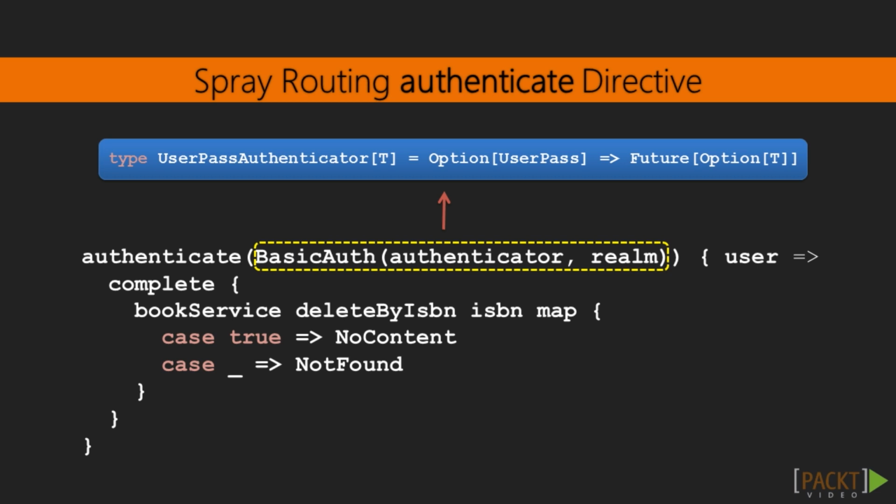It accepts the authenticator and returns the authenticated principal, usually a user, in case of success, or rejects the request if credentials are not valid. Now, let's see how we can integrate HTTP basic authentication into our book catalog web services.